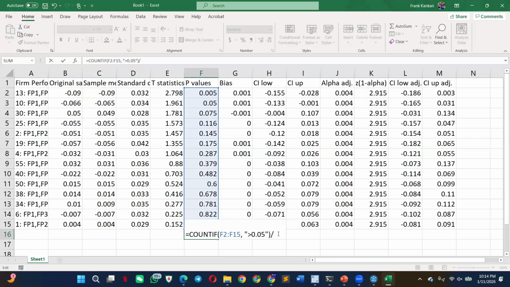So we divide by COUNT. We can use COUNTA, or you can even use the COUNT option.